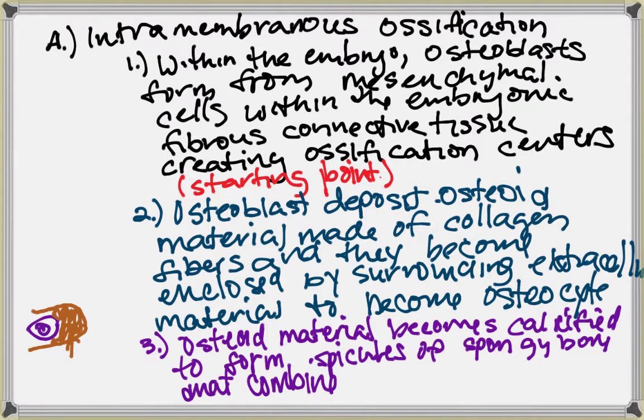Each one of these is going to be doing this, so this one will release it around them, and then they continue growing in until they form this kind of overlapping region, or they come together. And once they come together and get thick, this is what's going to end up being the trabeculae.